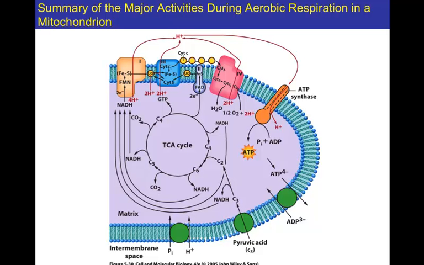This slide serves as a summary of aerobic respiration, and it shows you the electron transport chain, how the electron transport chain relates to the Krebs cycle, the TCA cycle in the picture, and then shows you the hydrogen ions building up in concentration between the inner and outer mitochondrial membranes, and then shows you the hydrogen ions going back into the mitochondrial matrix through ATP synthase and being turned into ATP, using that energy and that electrochemical gradient to produce ATP by chemiosmosis.